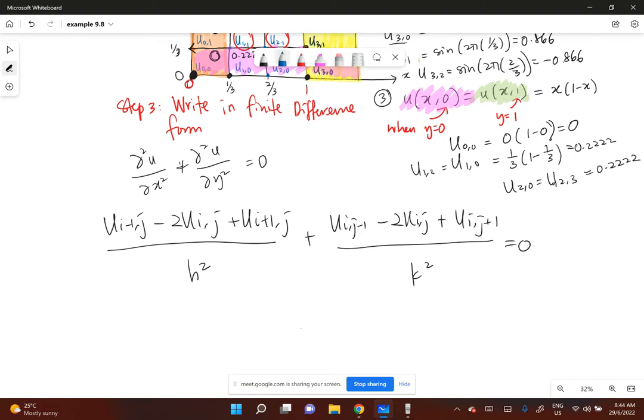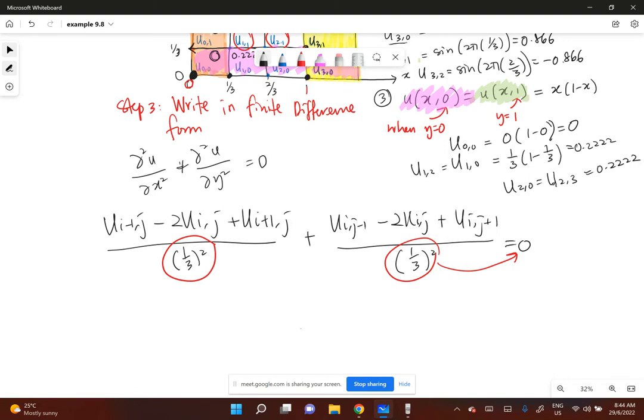So the value of this one is 1/3, right? So here h is 1/3 squared, and k is the same, 1/3 squared. But later on these two we bring to the right.